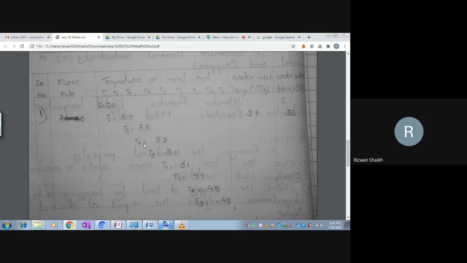Now, what is the relation between thermal conductivity and temperature? Are they directly correlated, so that if thermal conductivity increases, temperature also increases, or is it vice versa? What do you think? Directly.